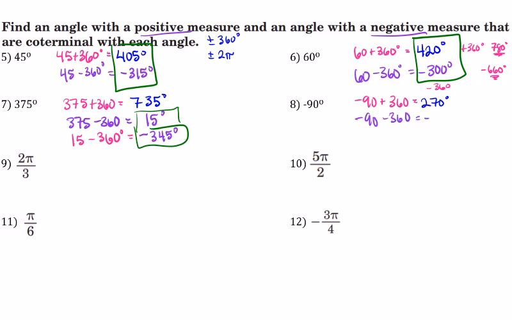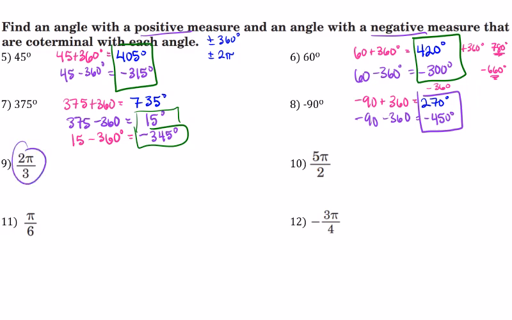So it'll be negative 450 degrees. Okay, so those are my two answers there. All right, so that's how we find coterminal angles, just by adding or subtracting 360 as many times as we need to find whatever coterminal angle we want, right? In this case, one positive and one negative.